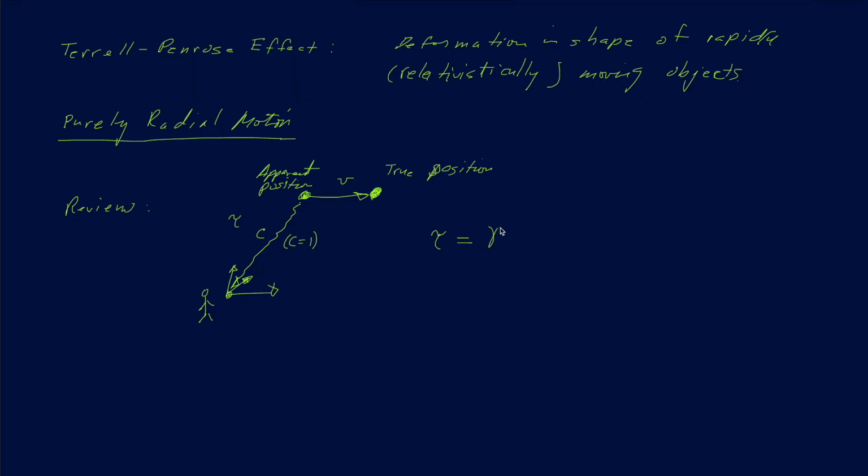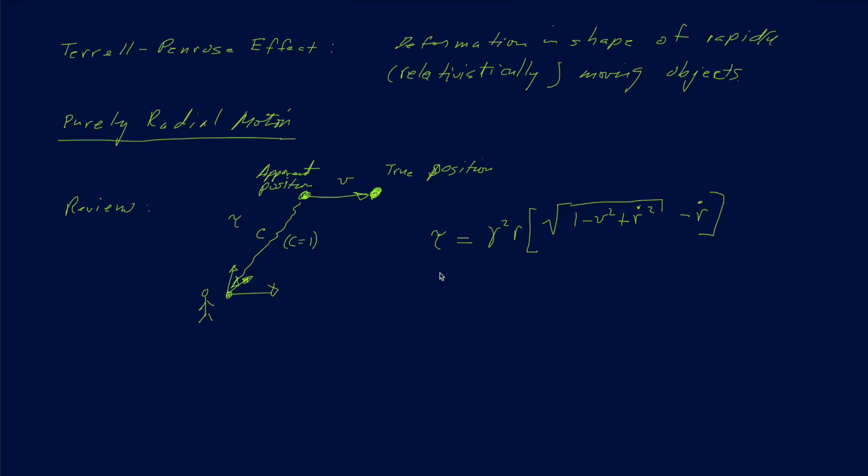We got tau equals gamma squared r, where r is the distance between the observer and the point source, times the square root of 1 minus v squared plus r dot squared, where r dot is the radial component of the velocity, and that's where this square root ends, minus r dot. So that was an important equation.